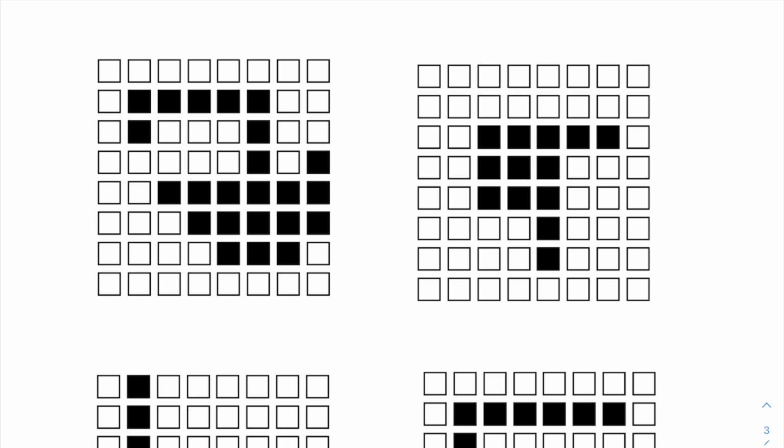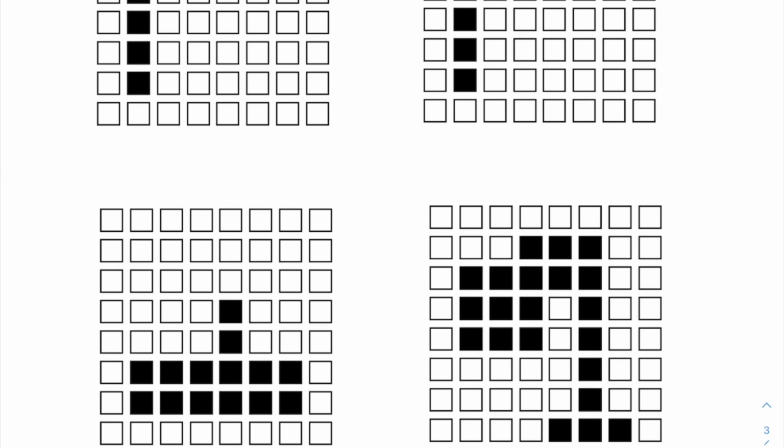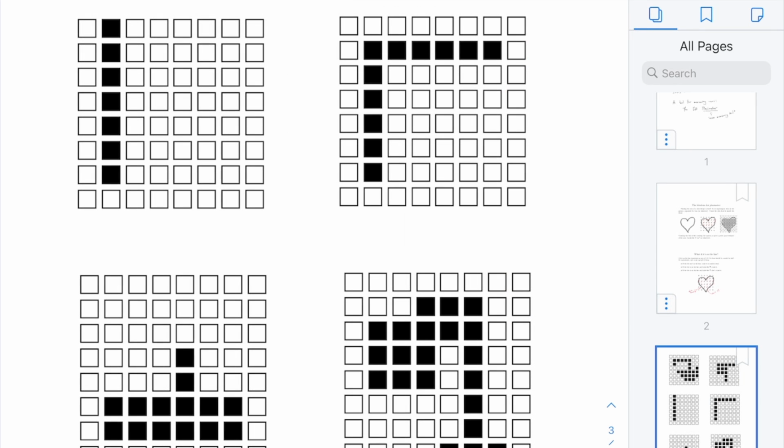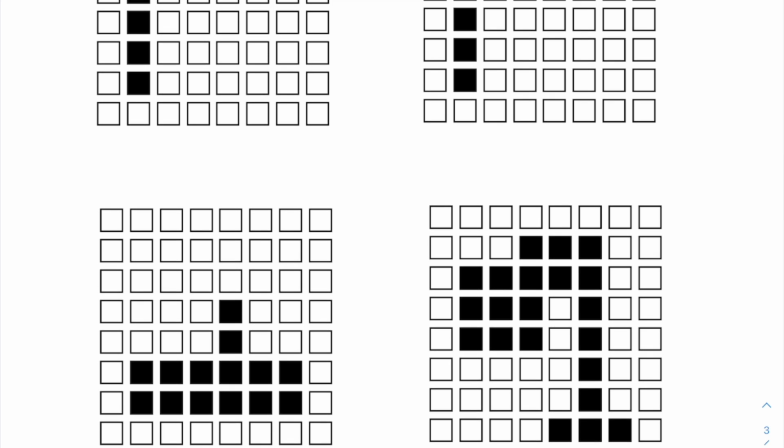Let's find the isoperimetric quotient of that. So to find the area on the grid, you just count up how many of the dots there are. I think maybe I have to write on this page.